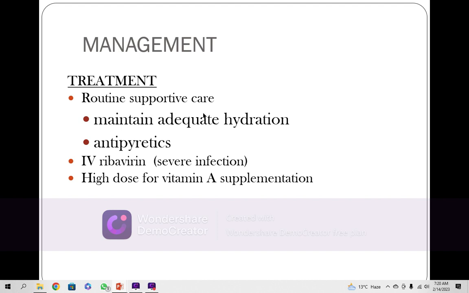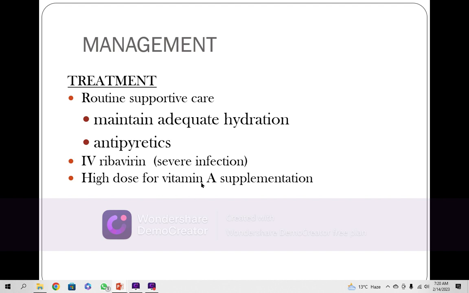Management is routine supportive care. You maintain adequate hydration, antipyretics. Some people are using ribavirin in severe infection. And they said that a high dose of vitamin A supplementation can prevent the severity of the infection.